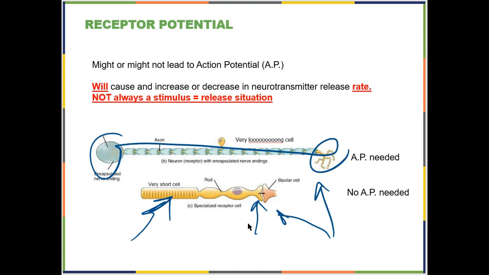And we will have examples later on in this chapter today, where we have sensory neurons that release neurotransmitter in the absence of stimulus, and then when the stimulus hits them, they hyperpolarize and stop releasing neurotransmitter.